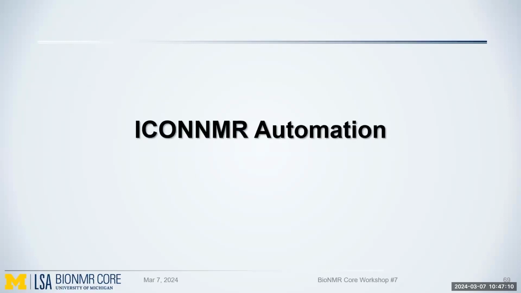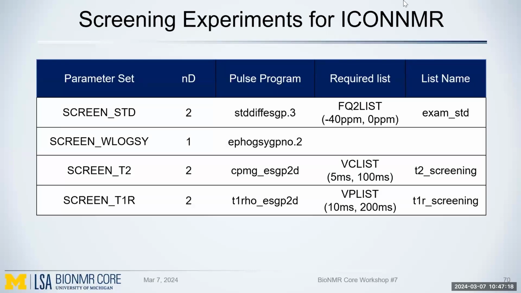And finally, we will talk a little bit about how to run those experiments automatically using ICONNMR. Bruker has already developed parameter sets that can be used to run on ICONNMR. These parameter sets are called screen STD, screen Water-LOGSY, screen T2, that's the CPMG experiment, and there's another one called screen T1 rho. This one is very similar to the screen T2 experiment. In this experiment, instead of using a CPMG filter, it uses a T1 rho filter to reduce the signals of the bound ligand.